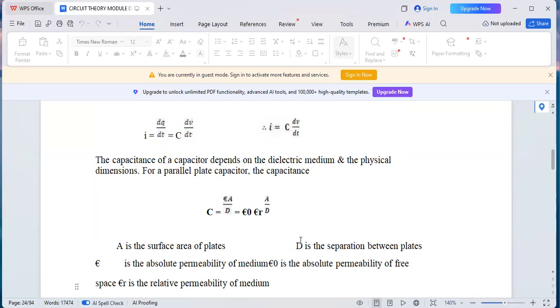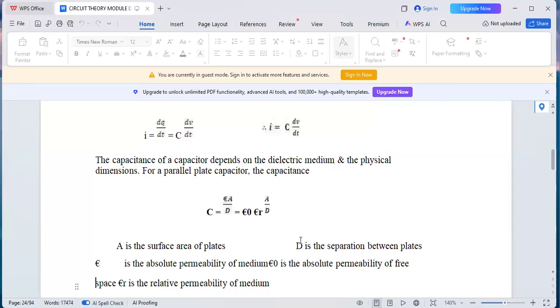The absolute permittivity of free space. So this is epsilon A. It's actually supposed to be epsilon naught. So this will be equal to epsilon naught times epsilon r times A divided by d, where A is the area or cross-sectional area of the material.